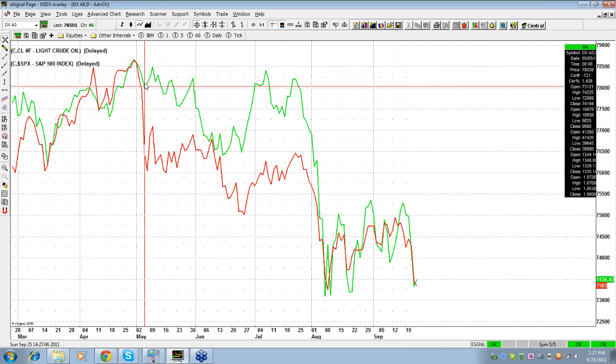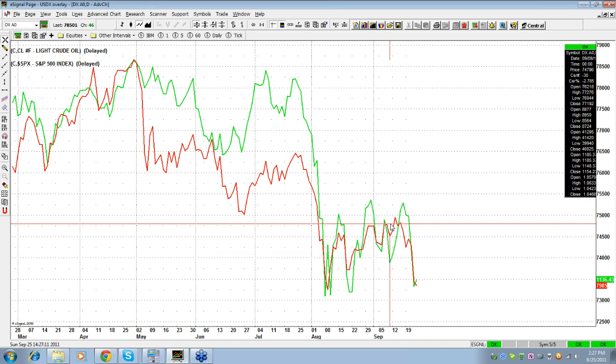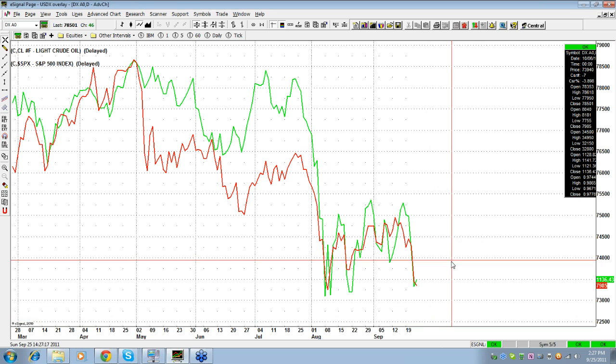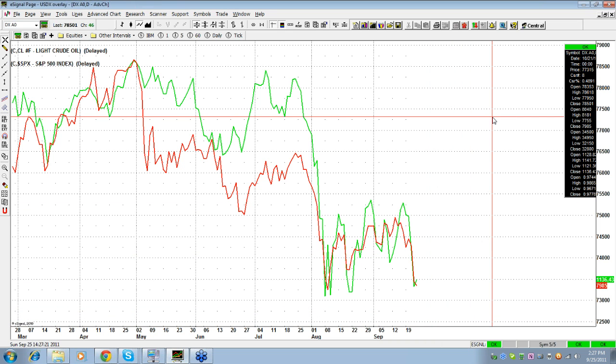What oil is telling me from the top is 1, 2, 3, 4, 5, 6, and it's going to be a 7 waves. After 7 waves, we should get at least an 8 or a 9, or we should get 3 backs in corrective. Oil needs to get to $20 a barrel. The wave does not need to be a 5-wave move. It can be in 3.